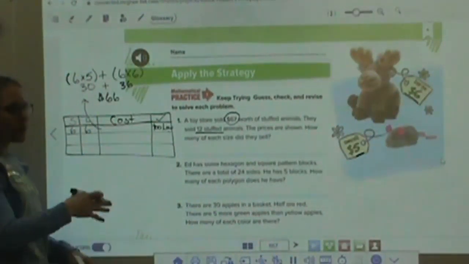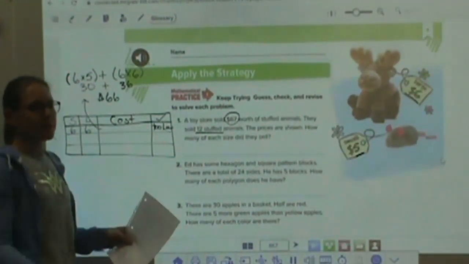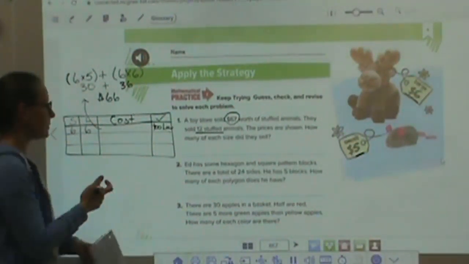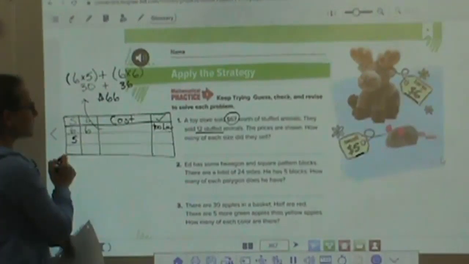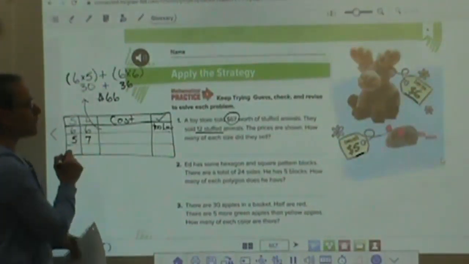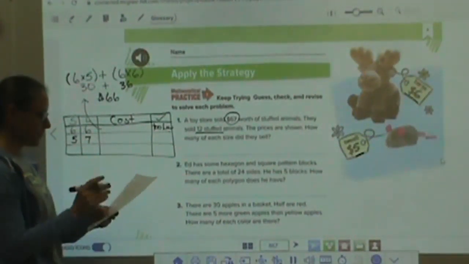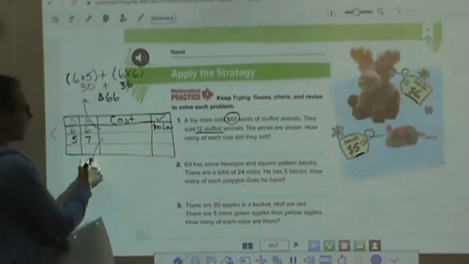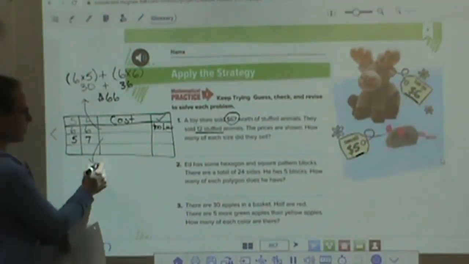If it's too low, let's go ahead and raise one of the numbers. Another combination that equals 12 is 5 and 7. So let's say there are 5 small and 7 large stuffed animals. I'm going to go ahead and write this down here just so you can see it larger.